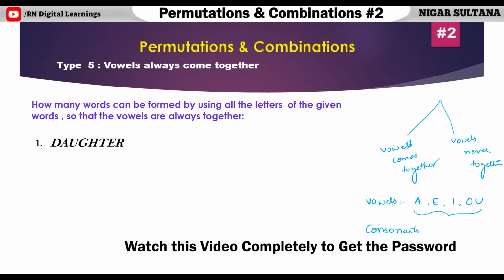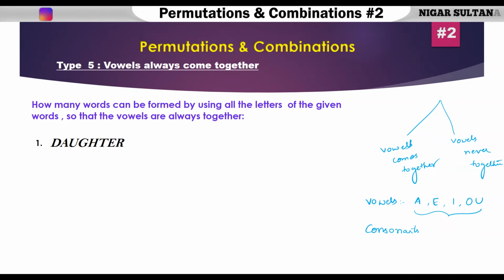Now, how many vowels are there? A, U and E. So A, U, E should always be together.